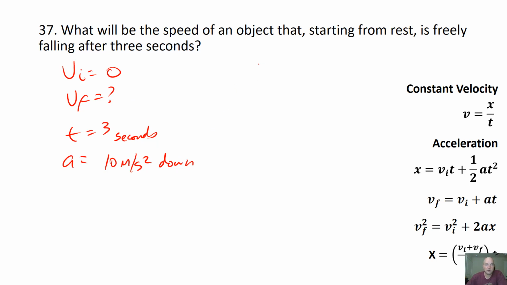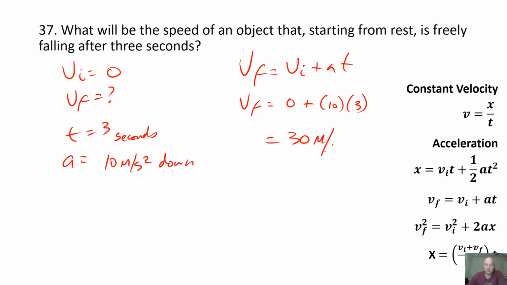We're going to use positive values. So VF, VI, T, and A right there. So we have VF equals VI plus AT. So VF equals VI plus A times T, and we're going to get 30 meters per second.